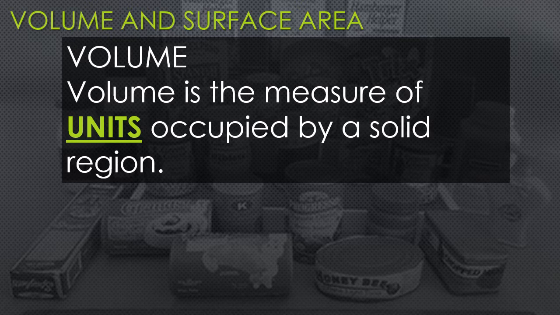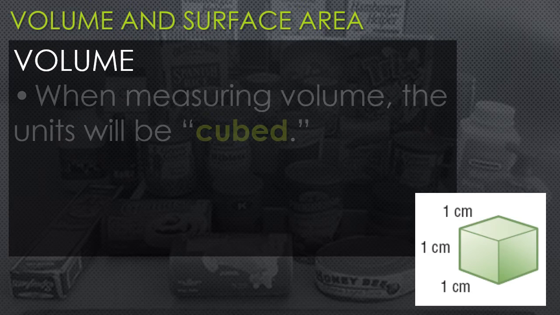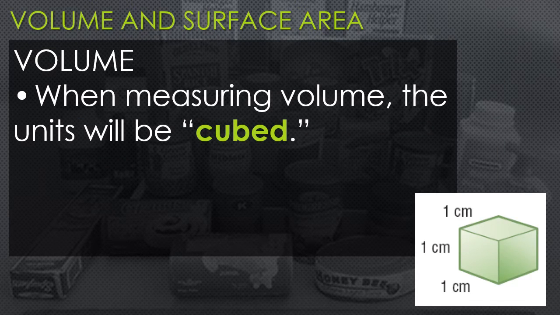When we talk about volume, this is the measure of units occupied by a solid region. So it's how many things we can put inside of either the box or the can. The measurement will be cubed, and the reason is that in our box below, a rectangular prism is the specific terminology for it.